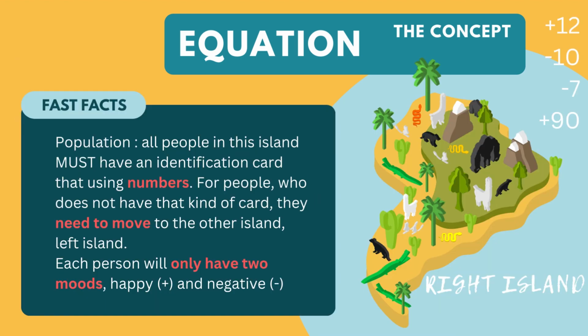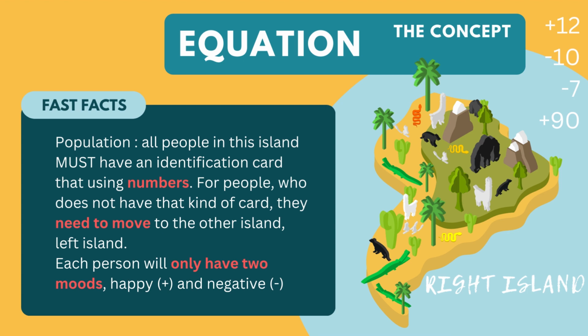And then the other facts for the right island. The identification card of the people who stay here should only use numbers. For example, look on the right side of the screen: plus 12, minus 10, minus 7, plus 90. And the symbol in front of it represents the feeling, the mood of the person who has that on the identification card.